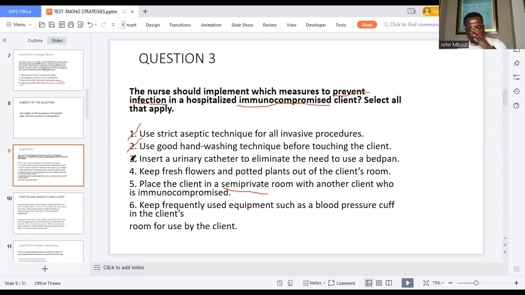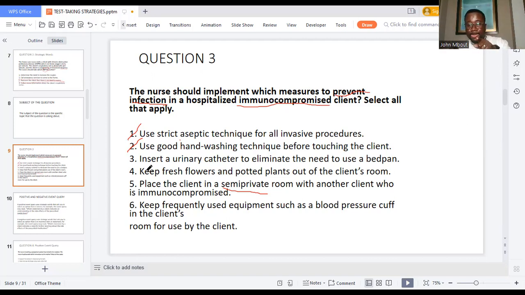2 is correct. 3, insert urinary catheter to eliminate the need to use bedpan. Seriously, in the question, they have not said anything that this client cannot walk or cannot go out of bed, and you think you just insert a catheter because you don't want the client to use a bedpan or to go to the washroom.